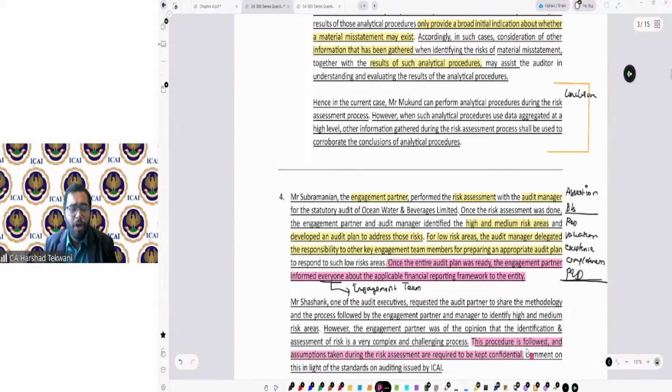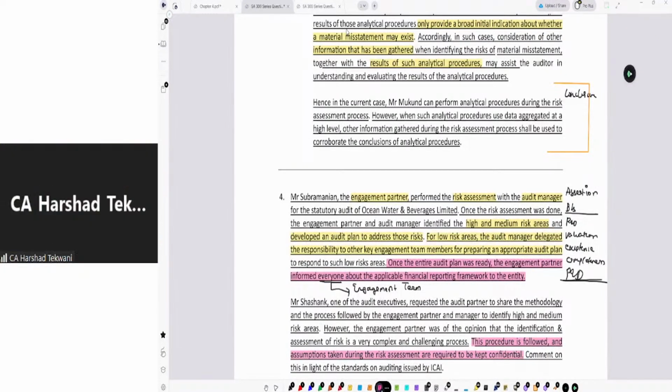So you tell me, guys, what issue do you feel with this particular line?